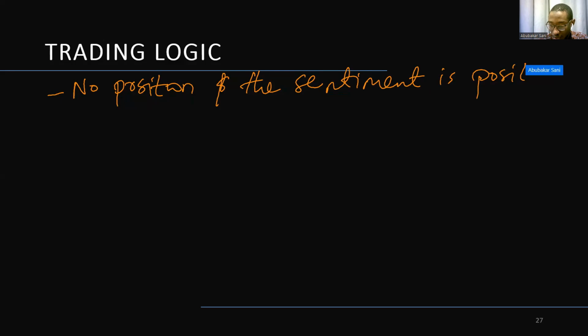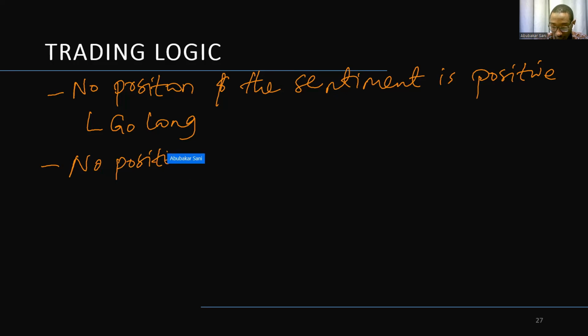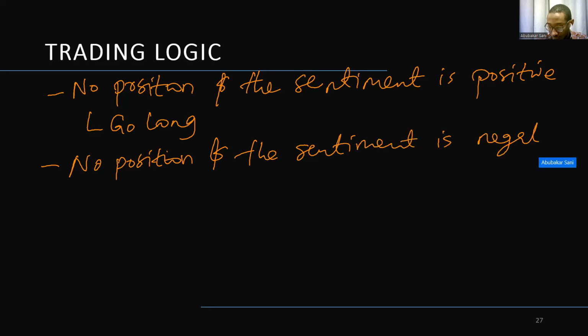If this is the scenario where we find ourselves, then we are going to go long without any hesitation. If we also have no position and the sentiment is negative, then we are going to go short.